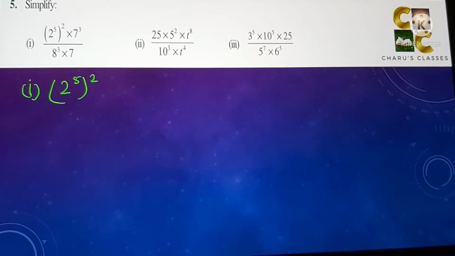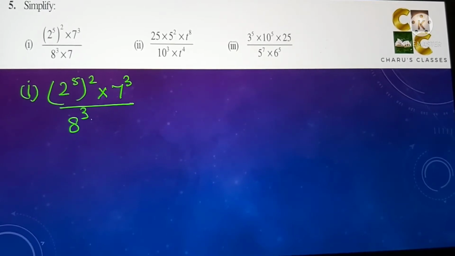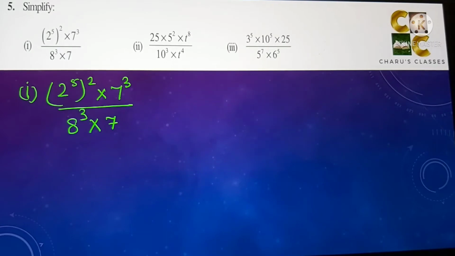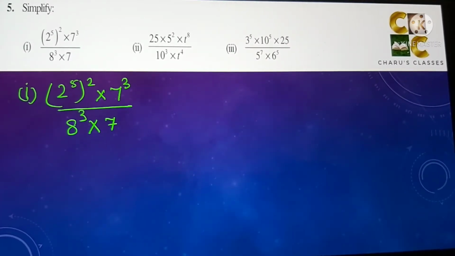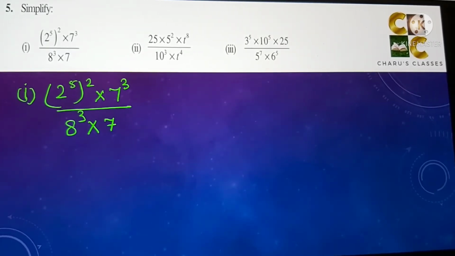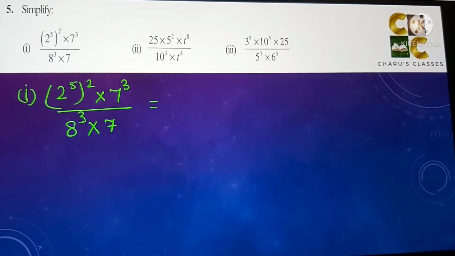Fifth question, simplify. 2 to the power 5 whole to the power 2 into 7 to the power 3 by 8 to the power 3 into 7. In these type of questions, if you see any composite number, like in this case 8 is a composite number, then you should convert it into powers of its prime factors.